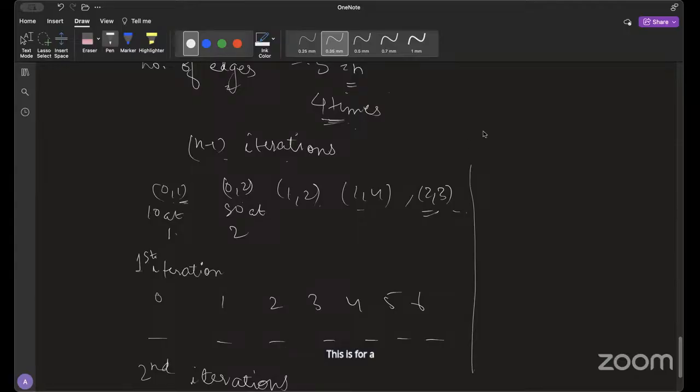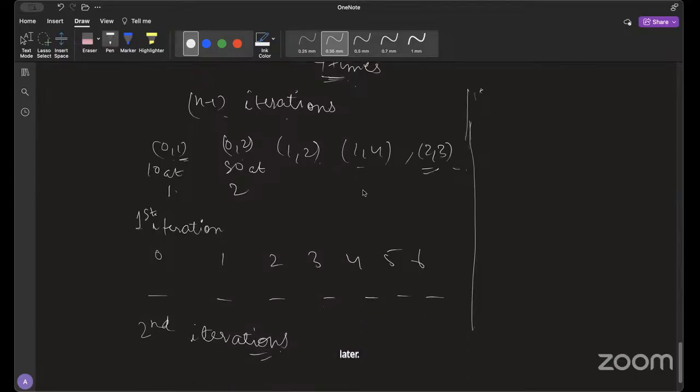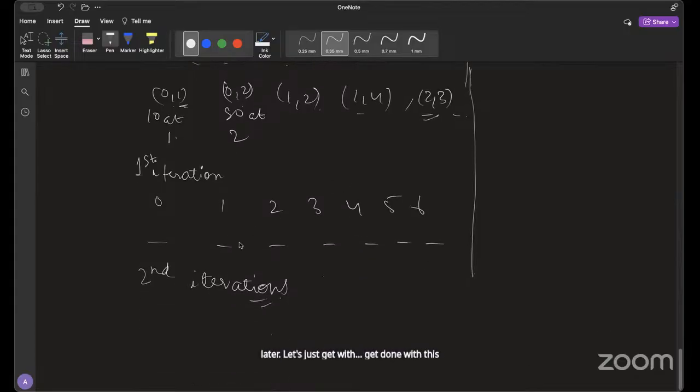This is to find the minimum time, or the minimum weight, from a given vertex to all the other vertices. And the one that you're talking about is for all the pairs. So it's for the minimum distance from here to here, here to here. It's for all vertex pairs. We'll discuss it later. Let's just get done with this one first.